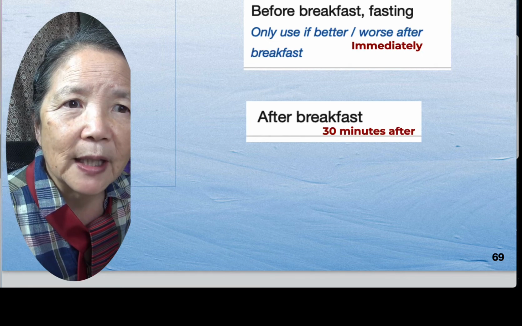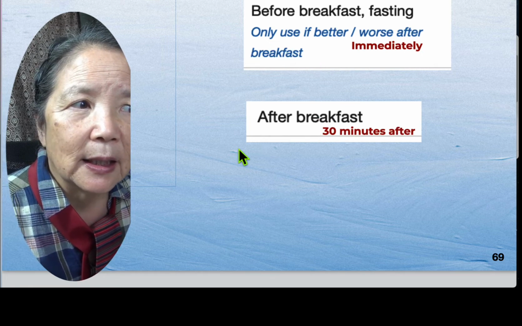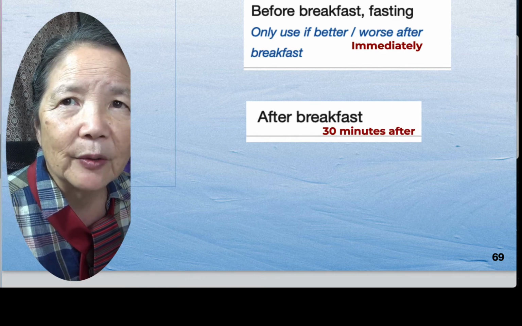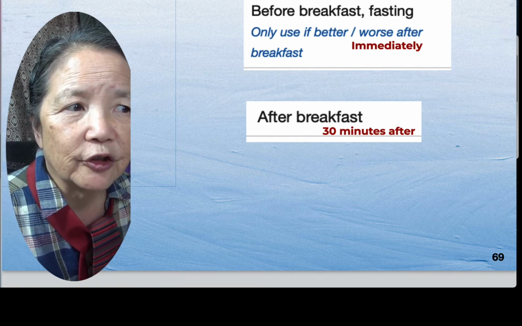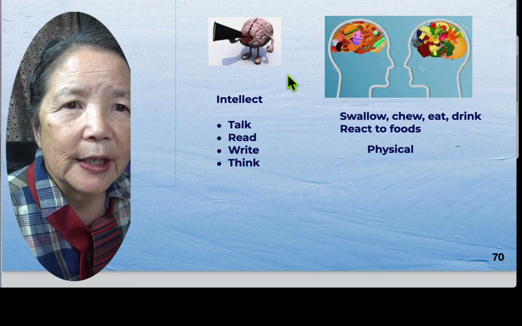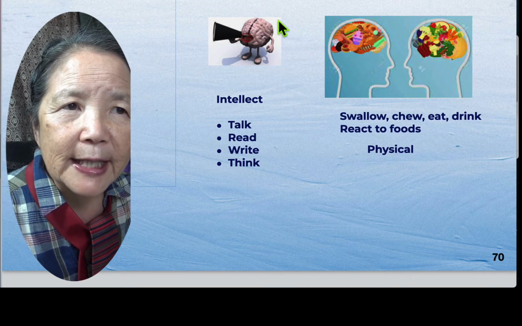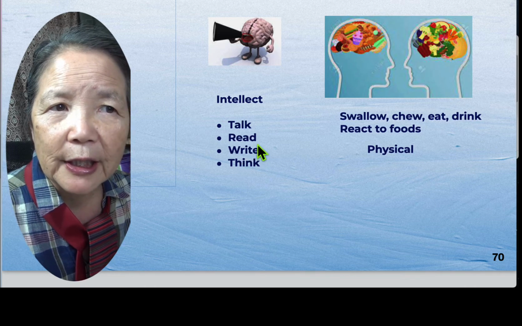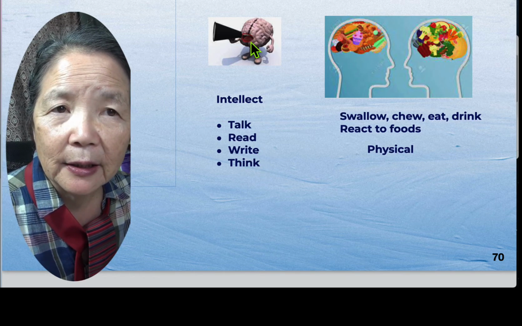On the website, I don't think this differentiation is made clearly. I found out about this by listening to lectures and such. The intellect has to do with talking and reading and writing and thinking.